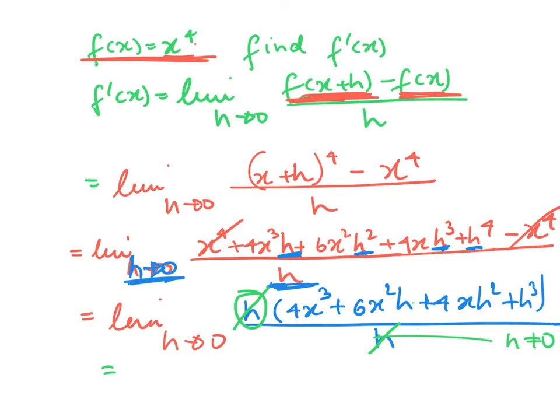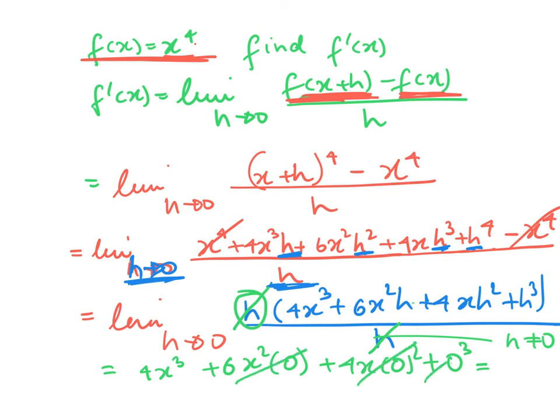Going back here: 4x to the power of 3 plus 6x to the power of 2 times 0, plus 4x times 0 to the power of 2, plus 0 to the power of 3. That's equal to 0, that's equal to 0, that's equal to 0.